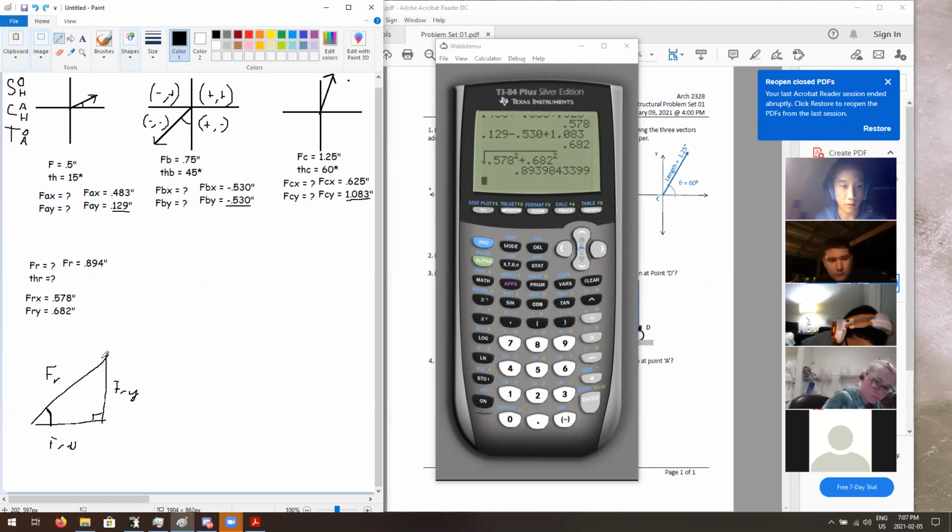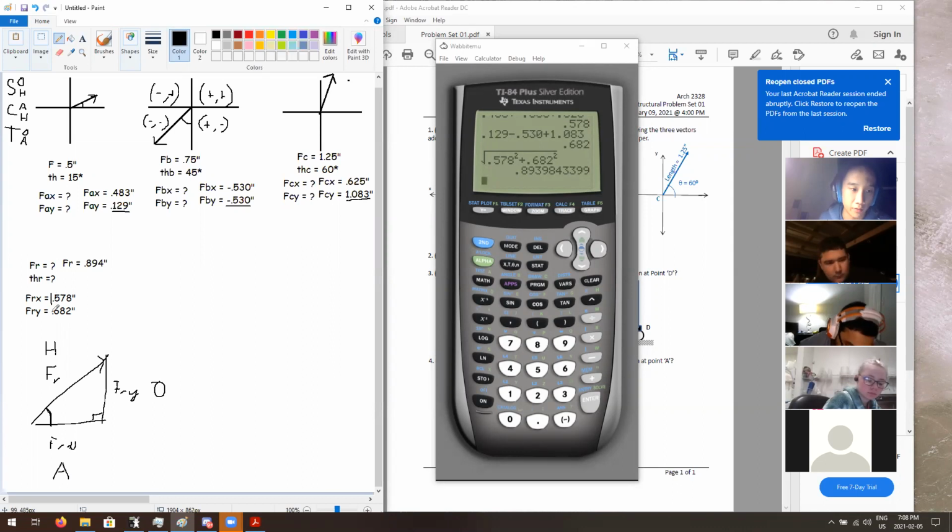Now we have to use some more trigonometry. This time we're going to use TOA, tangent. You can use the other ones, but this will be easier. This is the hypotenuse, this is the opposite, and this is the adjacent.